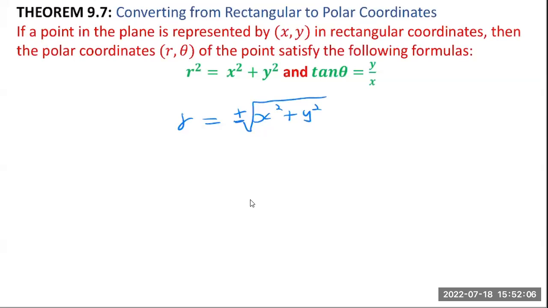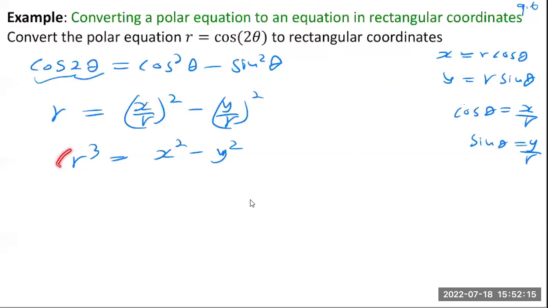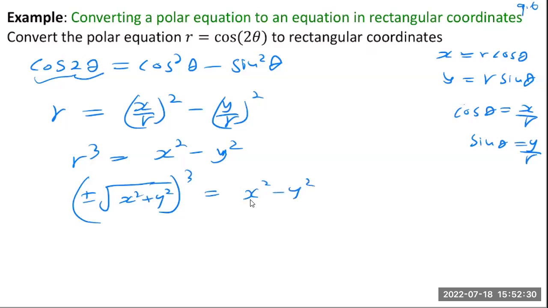Remember, when you take the square root, you have to put plus or minus. So this is the value of r. Now I'm going to plug in this value of r over here. If I plug that in, you get plus or minus square root of x squared plus y squared, whole thing to the power 3, is equal to x squared minus y squared.